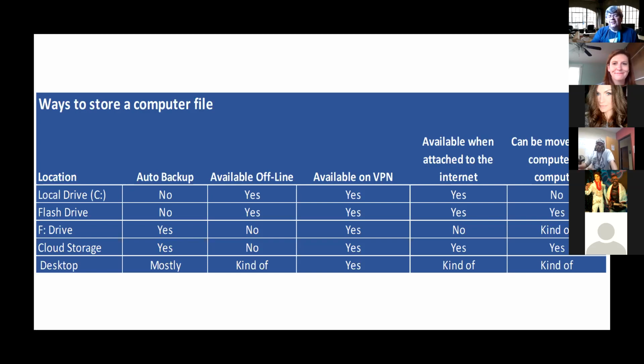you know, and Carissa can kind of attest to this with the desktop. Storing to the desktop the way we do it, you can use it offline, but really what you're doing is saving it to some stored locations on our server, but only when you're connected to our network.